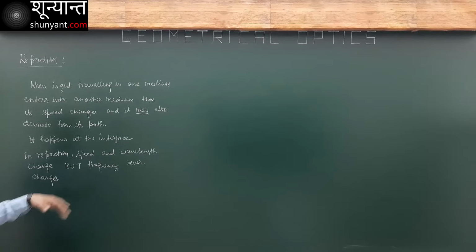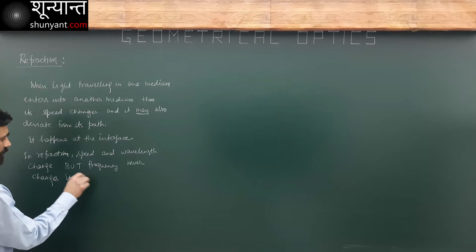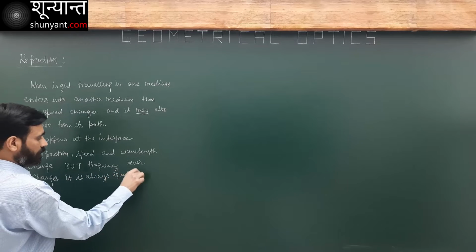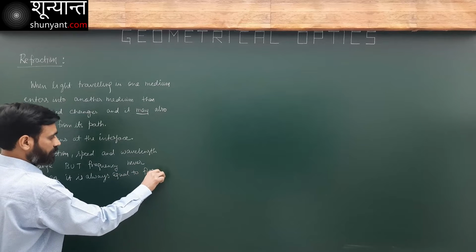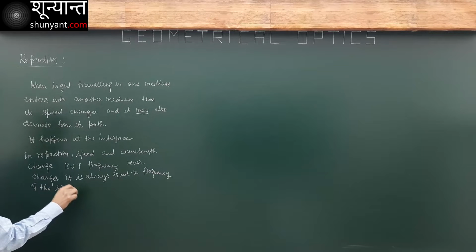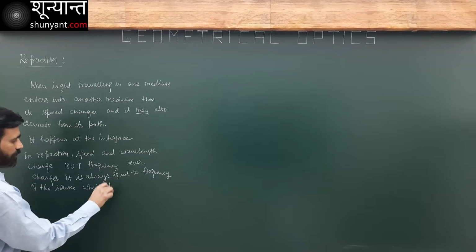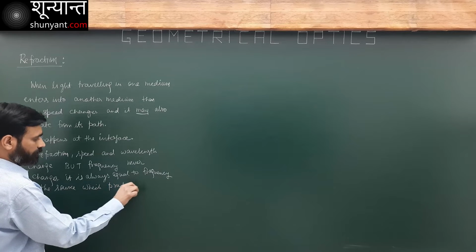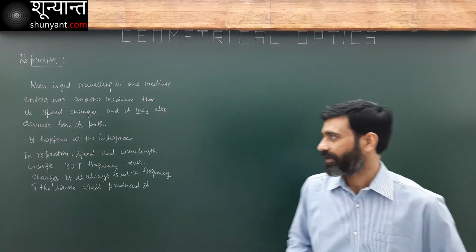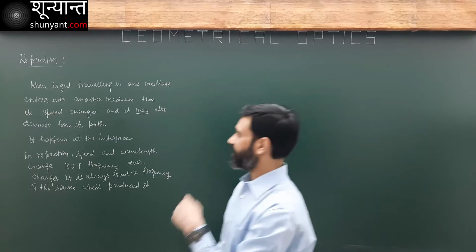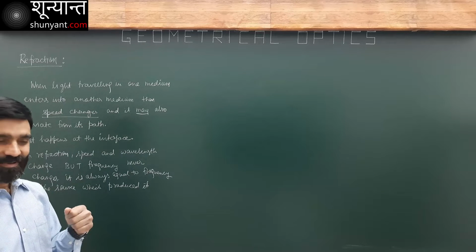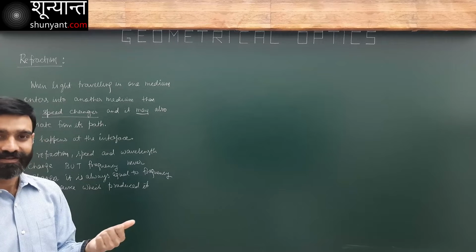It is always equal to the frequency of the source which produced it. Very simple general introduction about refraction. The important thing is that its speed changes. That means its speed should change. Then only we say that there is refraction.